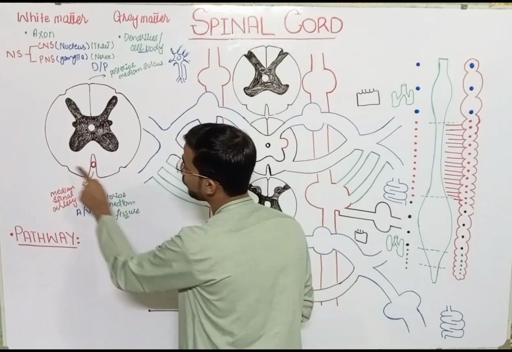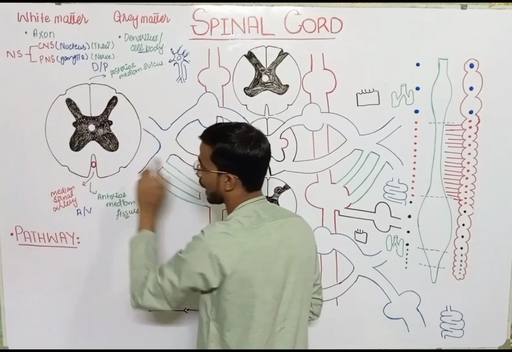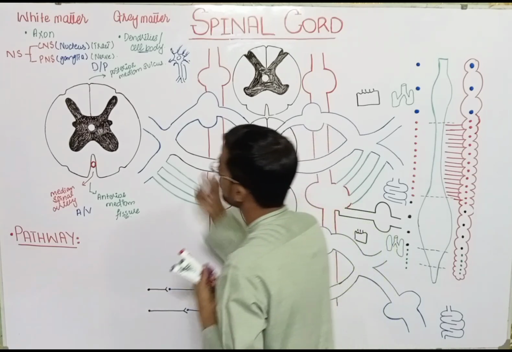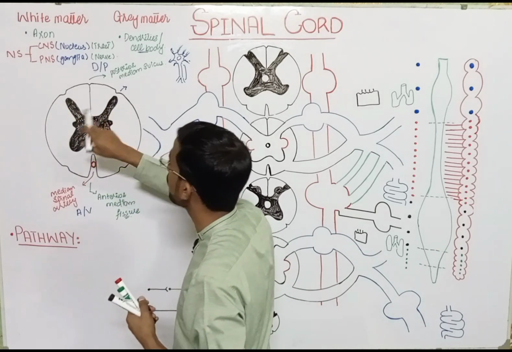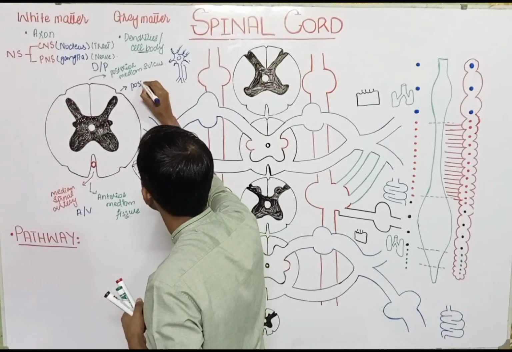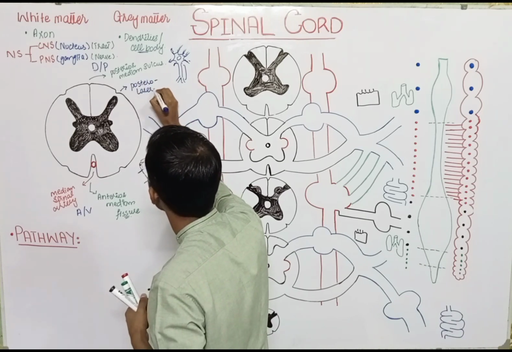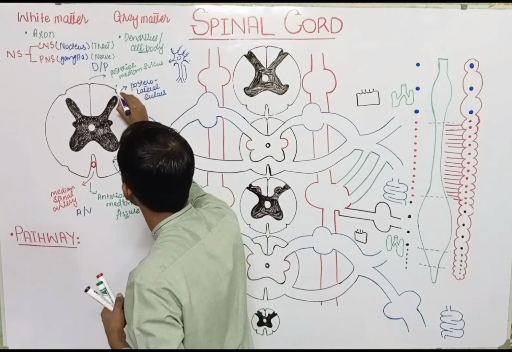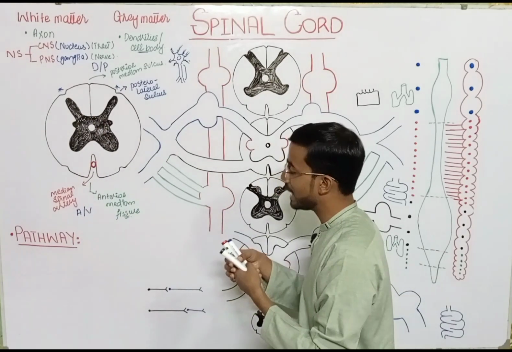Now you see four sulci at the corners of the spinal cord. The sulci that are present on the posterior side are called the posterolateral sulci. Here are basically the two posterolateral sulci.